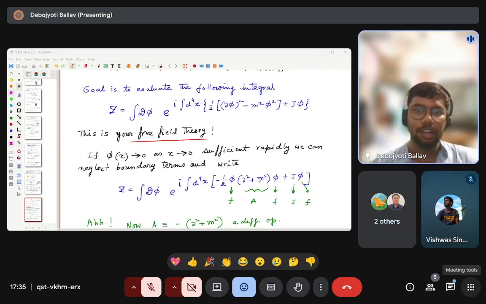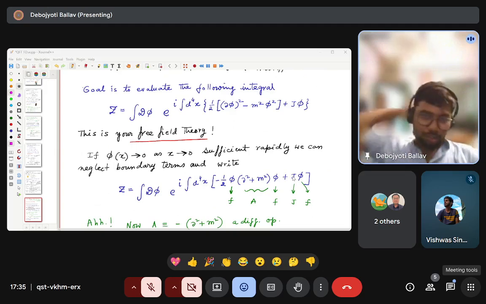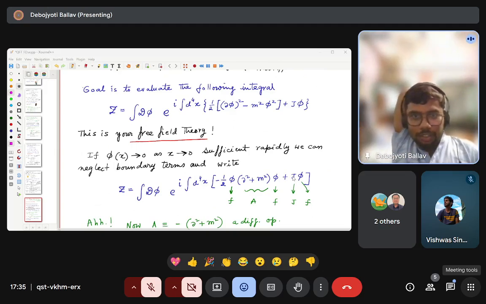This is your Klein-Gordon operator acting on the Klein-Gordon field, and this phi will satisfy the Klein-Gordon equation with some sources j. So this is the Klein-Gordon equation with source.